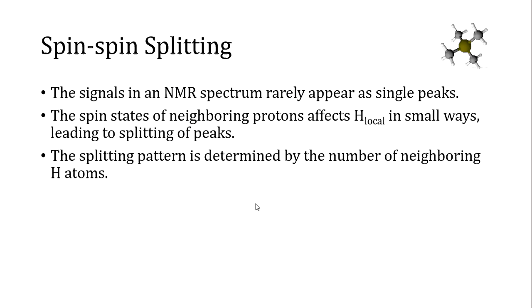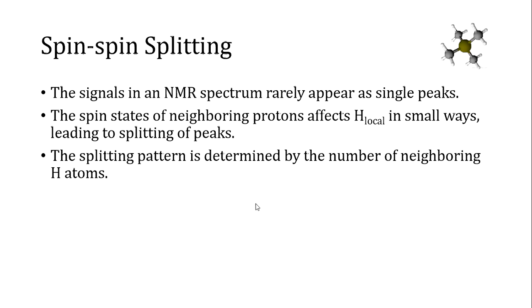Now we're going to get to the issue of why some of these peaks don't look like single things. They look like 2 and 3 in complicated patterns. The phenomenon that creates that is called spin-spin splitting. It's a quantum mechanical funniness that causes peaks in an NMR spectrum to split into multiple little sub-peaks, and it's created by the spin states of neighboring protons.